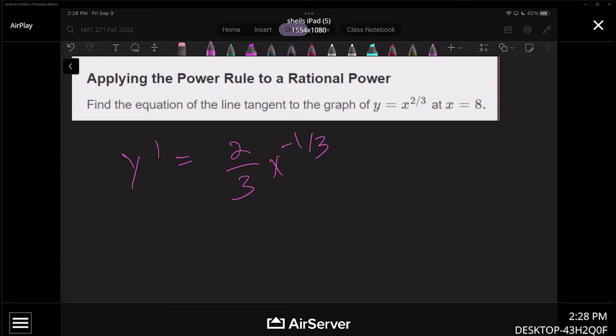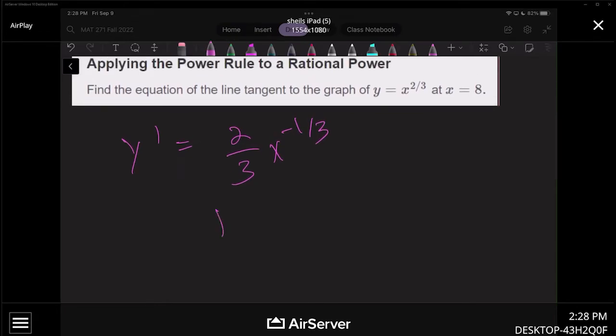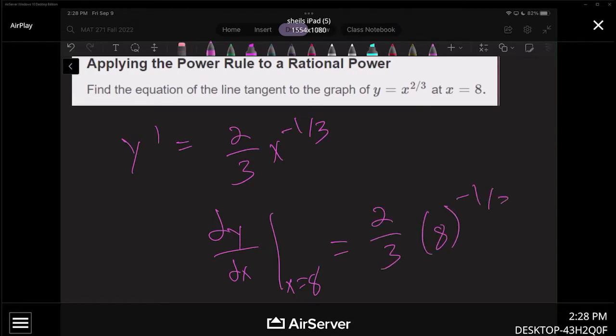If I want to evaluate this at x equals 8, I could write something like dy dx evaluated at x equals 8 is, this is what I get whenever I plug 8 in. So 2/3 times 8 to the negative 1/3.